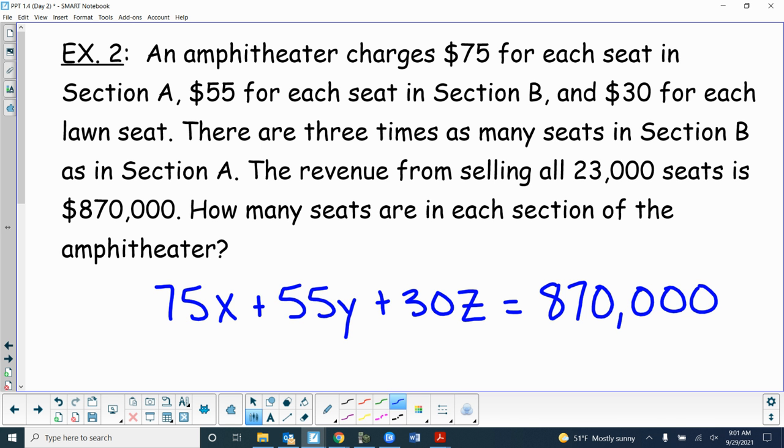So another equation is X plus Y plus Z is 23,000, right? Because that represents the number of tickets in each section. There's X tickets in section A, Y tickets in section B, and Z tickets in section C, for a total of 23,000.